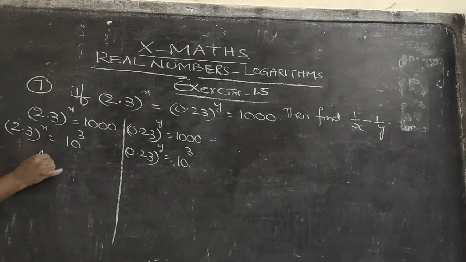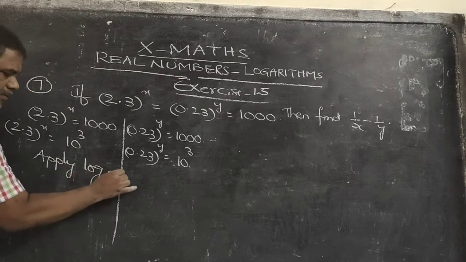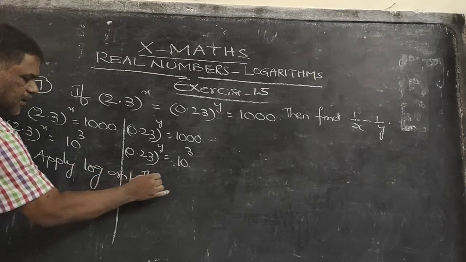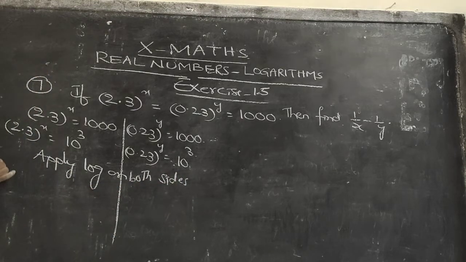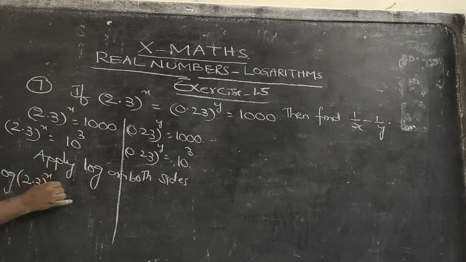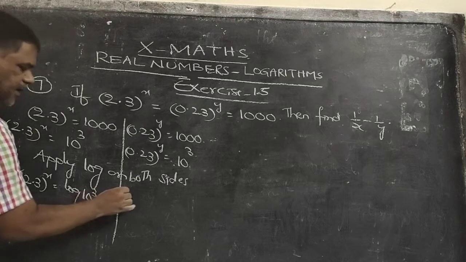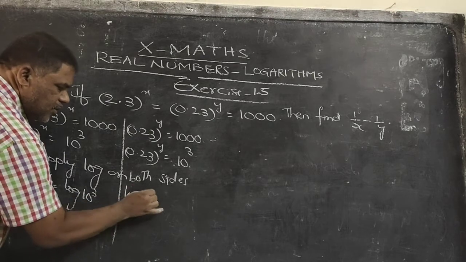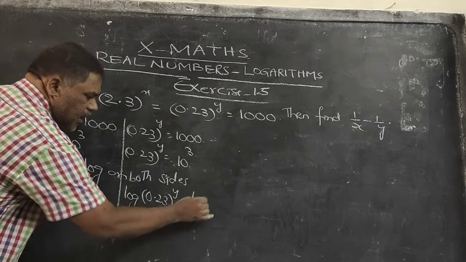Now apply logarithm on both sides. So it is log (2.3)^x is equal to log 10³. Here log (0.23)^y is equal to log 10³.